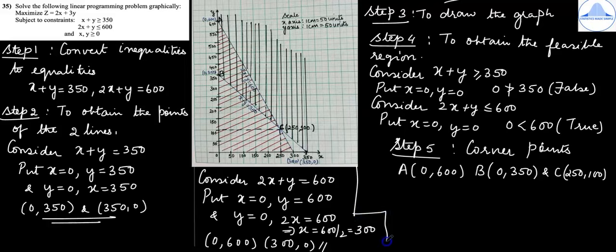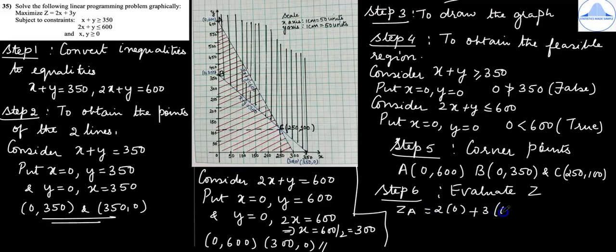Next we move on to step 6. Step 6 is to evaluate Z at the corner points. So now let us evaluate Z. What is Z? It is 2x plus 3y. So now let us find out ZA. ZA will be 2 into 0 plus 3 into 600. This is 1800.